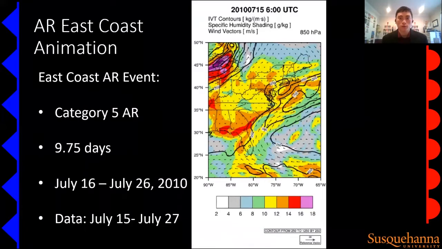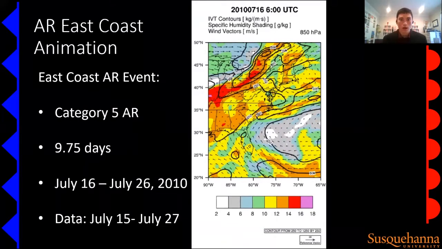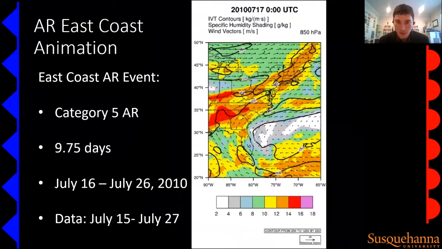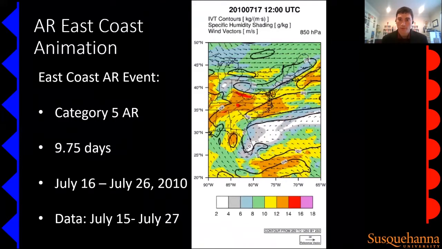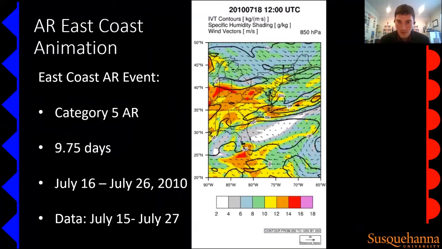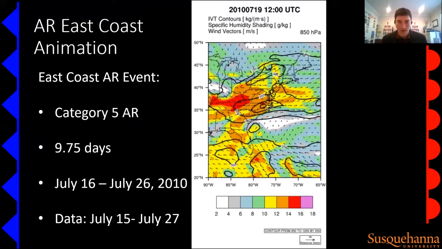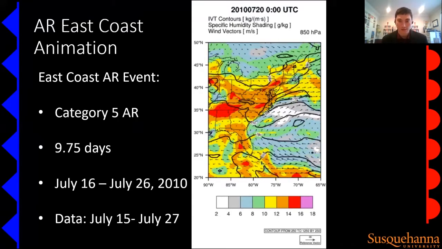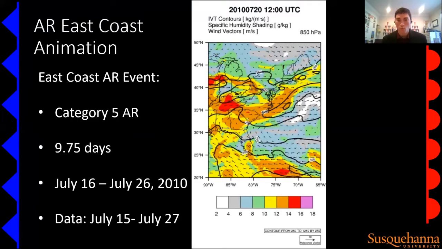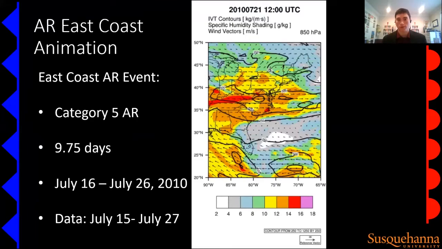And here's our final AR case study for this presentation. Just looking at the animation, we have the source of this AR coming in directly from the west. So this is a Category 5 AR because of its duration of almost 10 days. Since it's in July, the warm air is already more north than in any of the colder seasons.